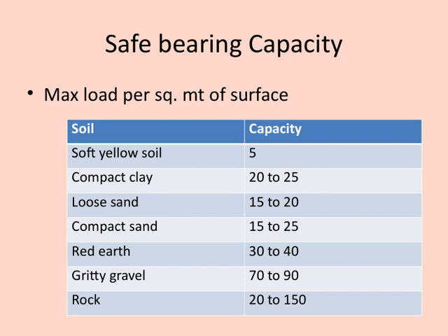Red earth is even stronger, supporting roughly 30 to 40 tons per square meter. Gritty gravel is quite robust, with capacities ranging from 70 to 90 tons, and rocks can support a wide range, from 20 up to 150 tons per square meter, depending on their size and composition.